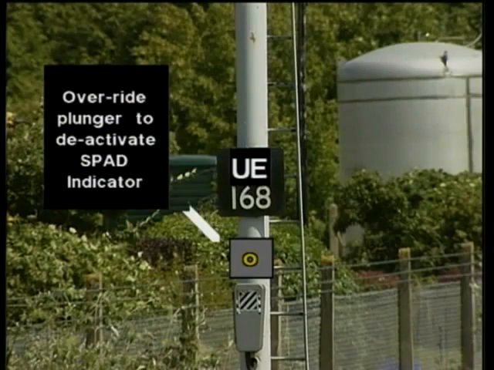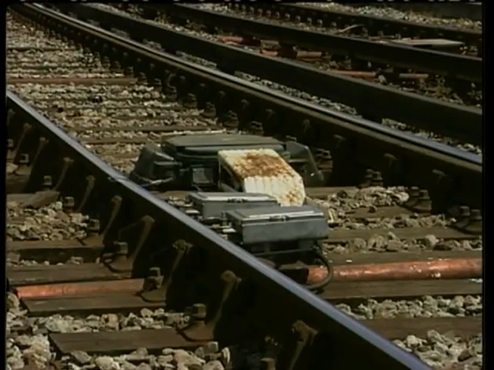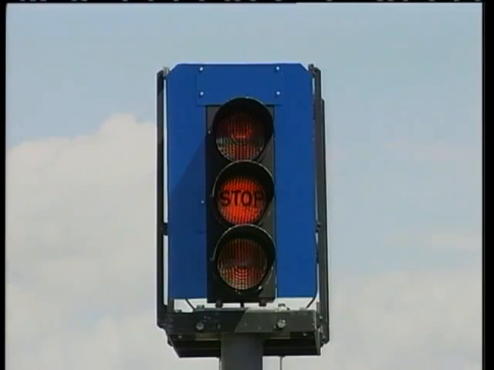If, in giving you authority to pass a signal at danger, the signaller instructs you to depress the override plunger, carry out this procedure to deactivate the SPAD indicator and suppress the AWS magnet before moving the train. Don't forget, failure to do this could cause the driver of another train to receive a SPAD indicator warning.